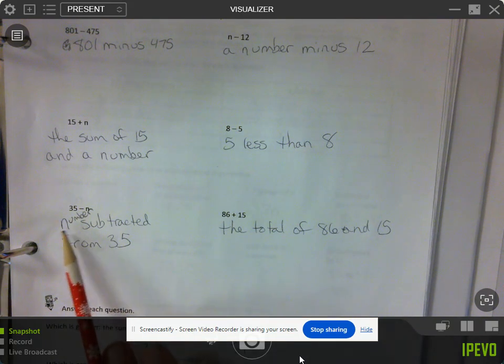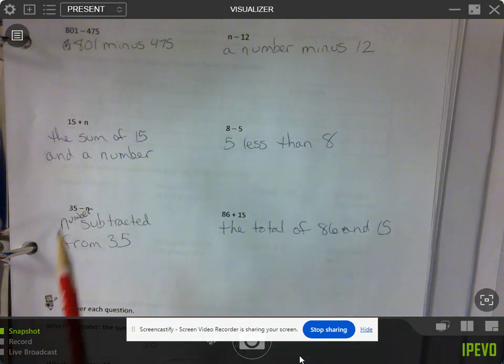And this next one, it should be a number subtracted from 35. You could put 35 minus a number. Jimena? 35 less than. So if we said 35 less than a number, that means we're starting with the number and we're taking 35 away from it.